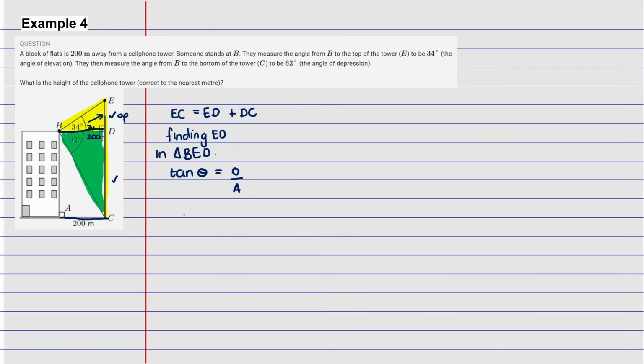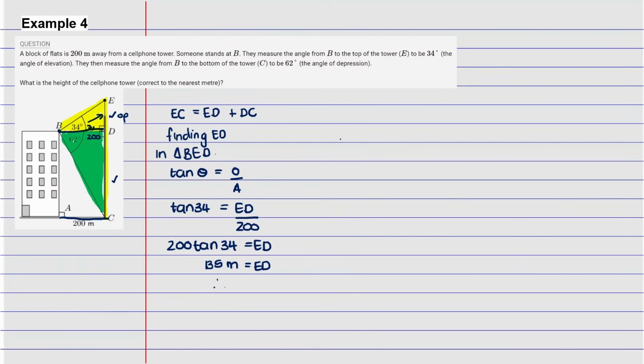Our angle is 34, so it's tan 34 equals opposite, which is what we're looking for, ED, divided by adjacent, which is 200. This is the same as saying 200 tan 34 equals ED. So ED is going to be equal to 135 meters, right?